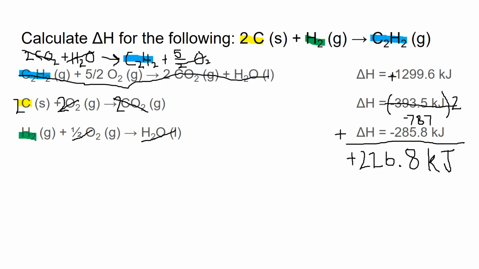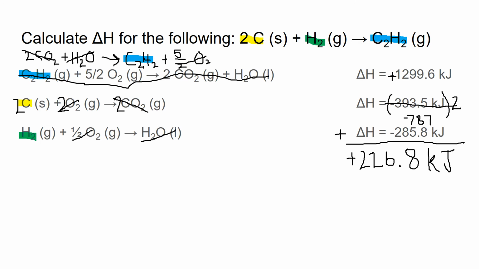So again, to recall about Hess's law, what you want to do is look at the overall equation you want, find where each of those elements are in however many equations are given to you. Once you find where they are, make sure they are on the correct side of the arrow. So that's why we had to flip it over here, because C2H2 is a product.